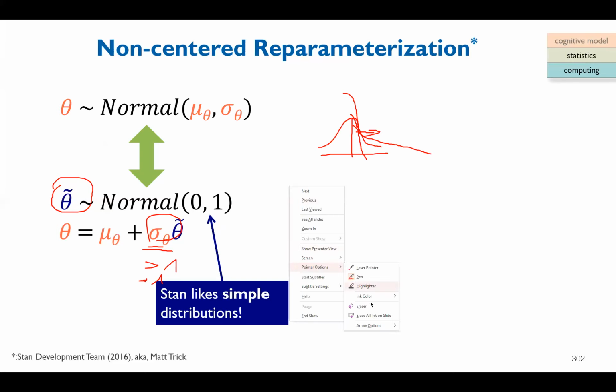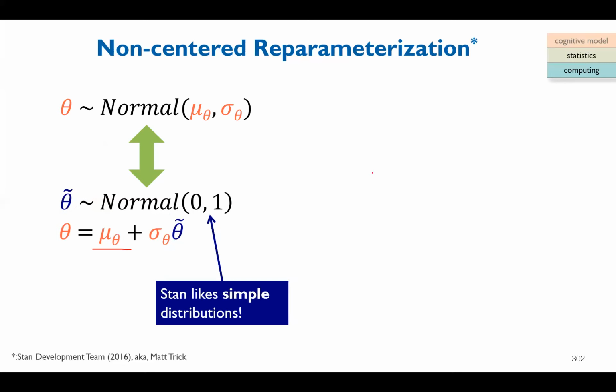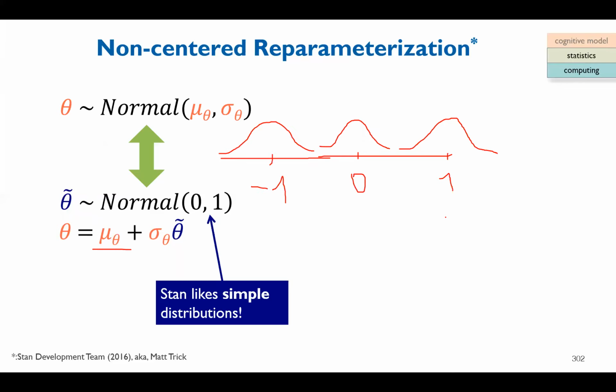And for the second, the mu changes the location on the x-axis. If the mu is positive, the normal will be shifted to the right-hand side, 1 for example. And if this mu is negative, -1 for example, this will be shifted to the left-hand side. So there are two effects in total. Sigma changes how wide that is, and mu changes how far away that is relative to 0.